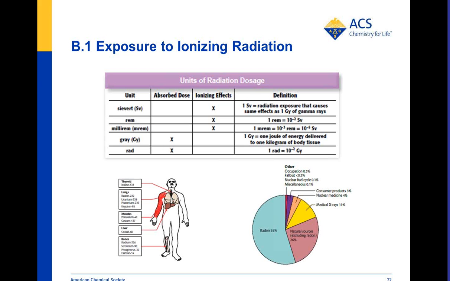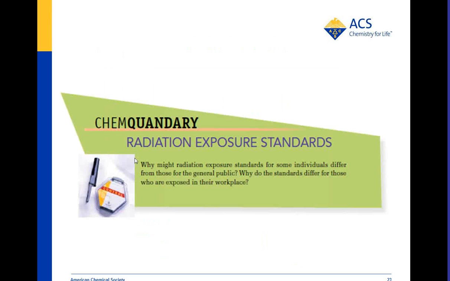It emphasizes that some measure the quantity of energy absorbed per kilogram, while others, like the Sievert and the rem, look at the extent of tissue damage caused by the radiation. So I think this is an excellent, concise explanation of those units. Next slide.